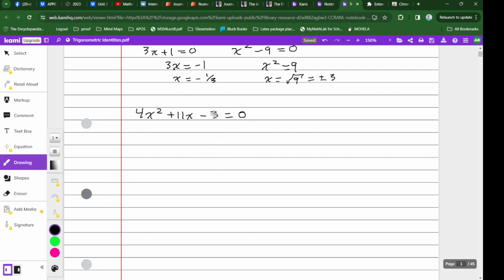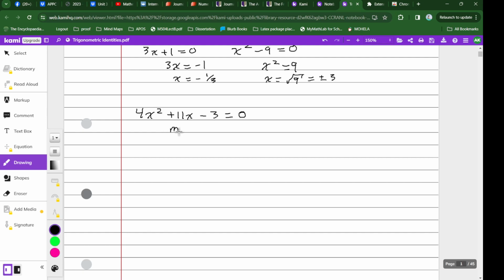Well, we need to factor this first. So when we're factoring, we always first check to see if there's a greatest common factor. There is not.